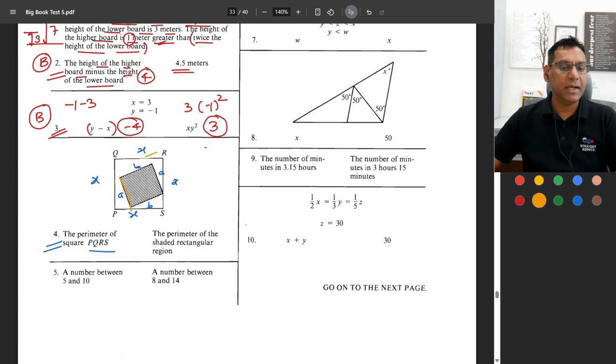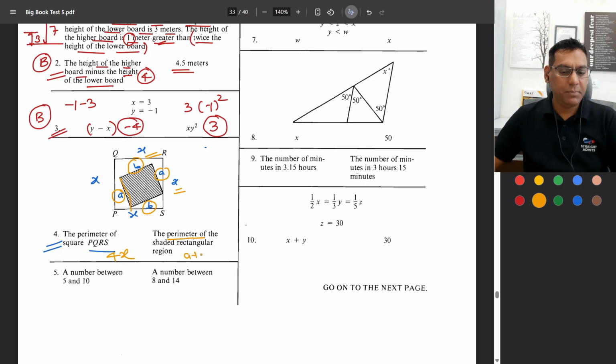So I'm drawing a rectangle with something smaller than x, something smaller than x, something smaller than x, something smaller than x. If I add them up to get the perimeter, I'm going to get something smaller than 4x, which is the perimeter of the square.